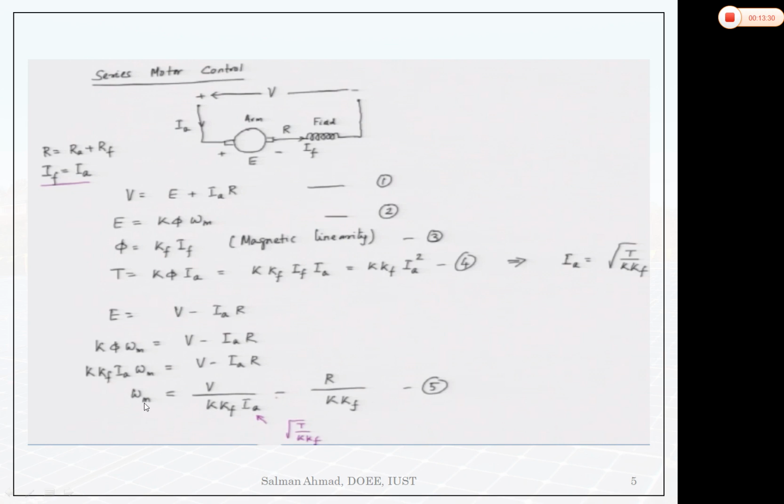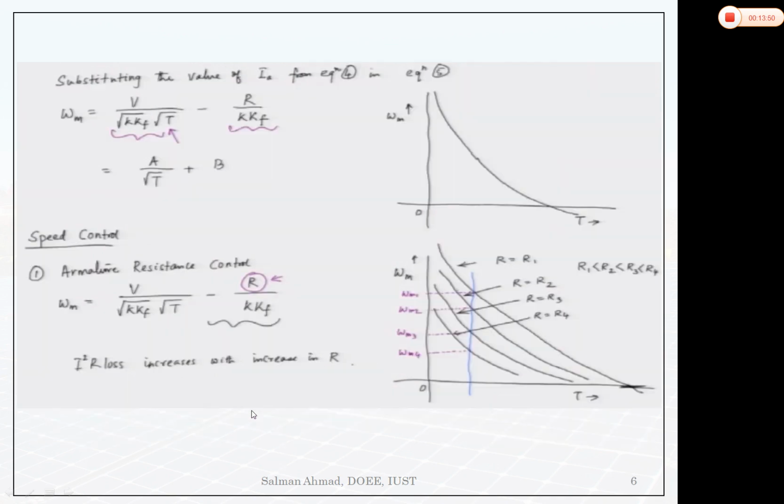So omega m we can write as V upon Kf Ia minus R upon Kf, because Ia gets cancelled from these two. Now in place of Ia we can substitute from equation 4, that is square root of T upon Kf. Substitute here, so we are finally getting this expression. The speed torque equation for a DC series motor is this one. So this is similar to some constant A upon root T plus some B.